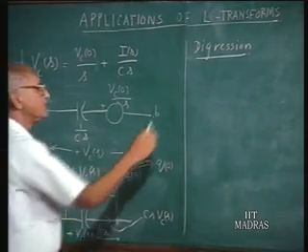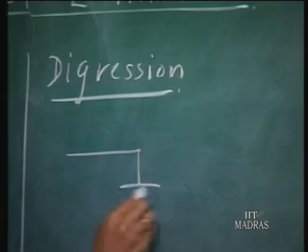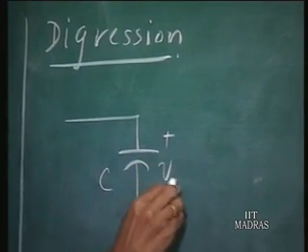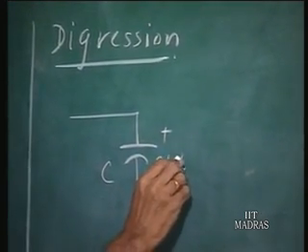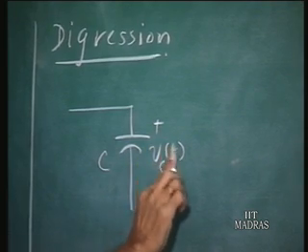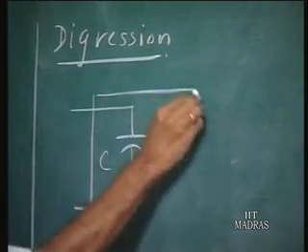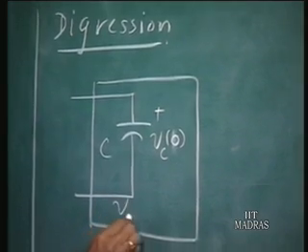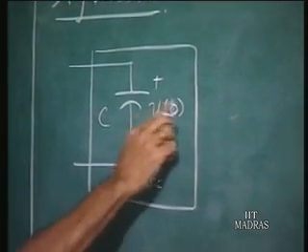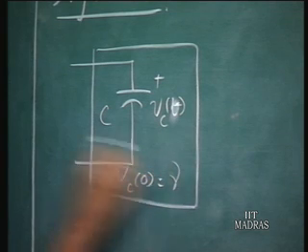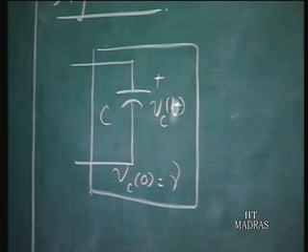Suppose I have a capacitor which is charged. The initial voltage on the capacitor, this is Vc of t, is gamma. I enclose this capacitor in a black box.